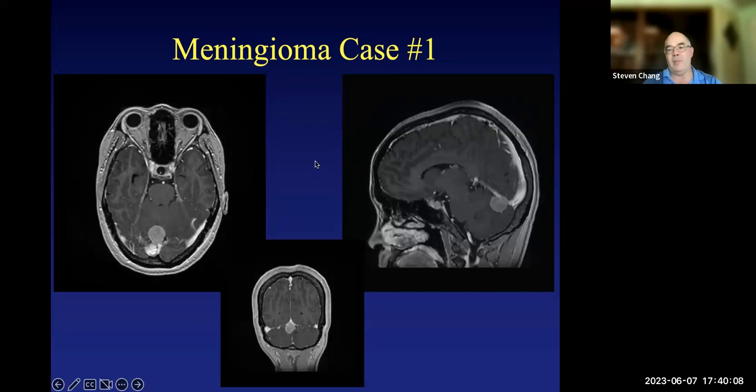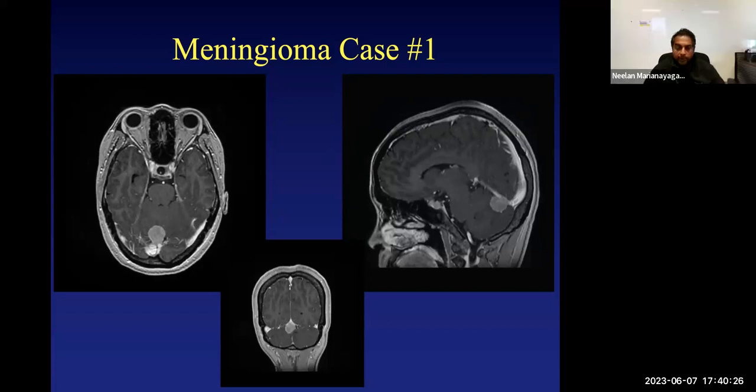So Neelan, the patient's not having any symptoms at this point, and is sitting in your clinic asking for different treatment options. So what would all the treatment options be for this patient? And then maybe give us the pros and cons of each one. So the first treatment option would be open surgery to resect this lesion.